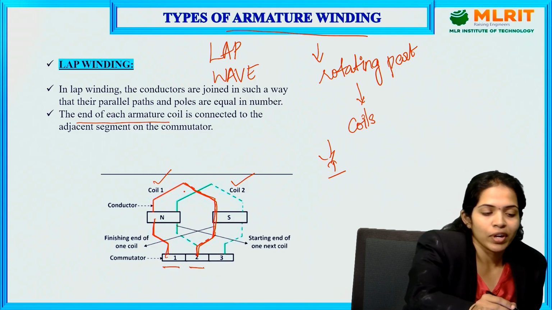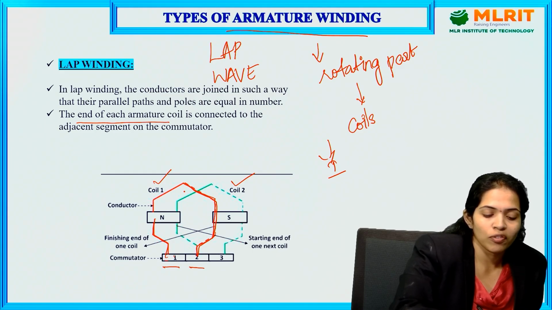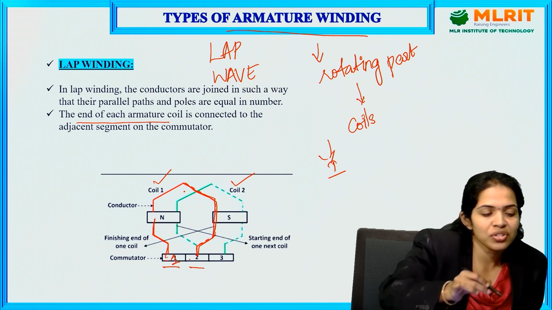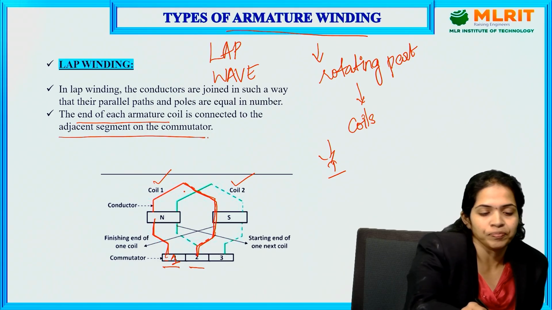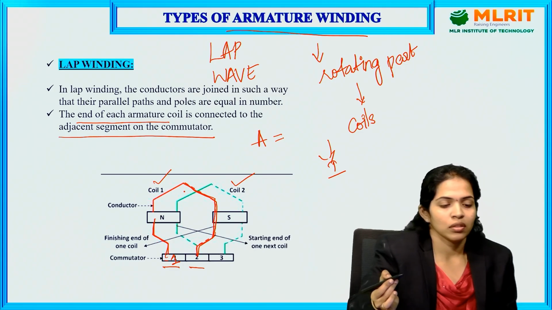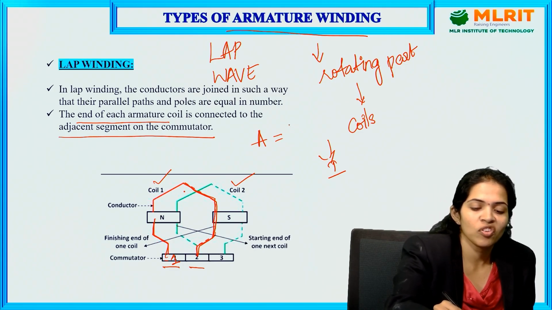So in lap winding, we connect the conductors in such a way that the starting end is connected to one segment of the commutator and the second end is connected to the adjacent segment of the commutator. Here, the number of parallel paths is always denoted by A, and the number of parallel paths is always equal to the number of poles.